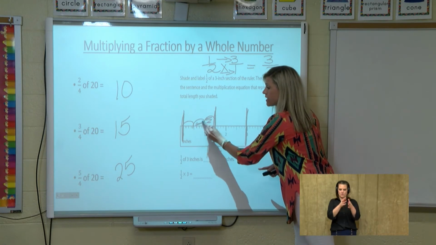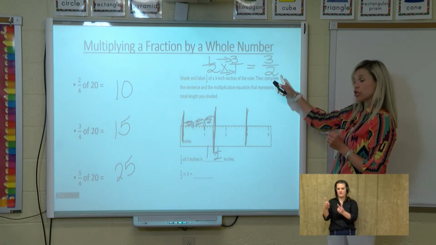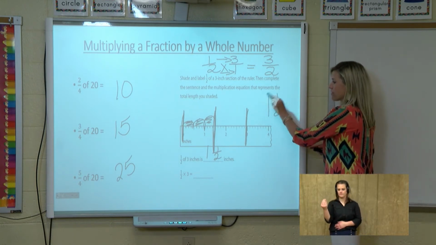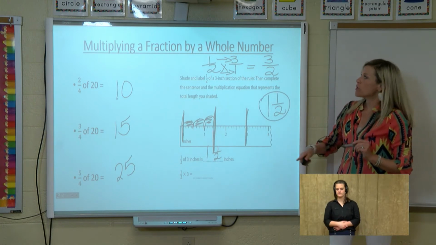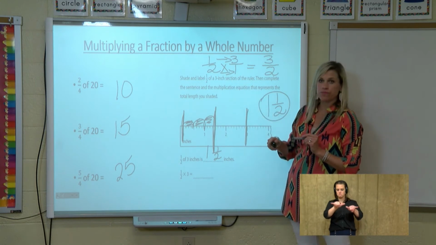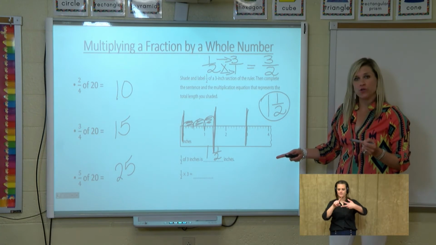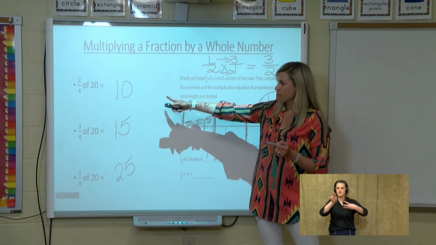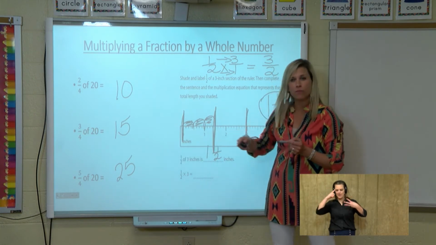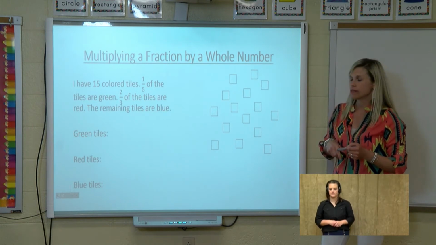There's our 3 halves. 3 divided by 2 is 1.5. There we go. So we can use standard multiplication. We can use number lines. We can also use our minds, mental math, and look for patterns, right? Look for patterns. All right, let's look at another way to multiply a fraction by a whole number.